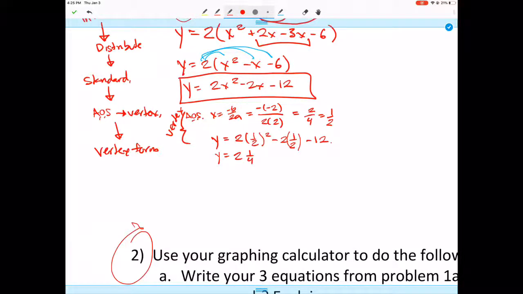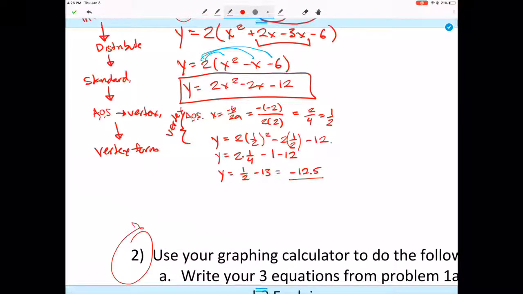And that gives us 1/4 minus 1 minus 12. That gives us 1/2 minus 13. That gives us a negative 12.5. Like I said, it's not a whole number, but it's okay.